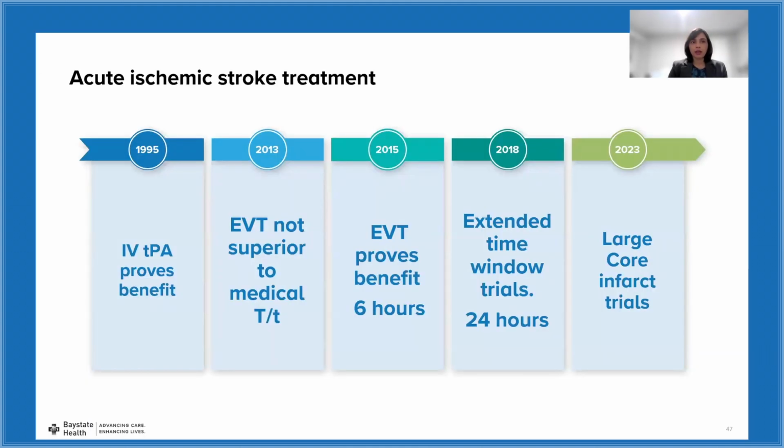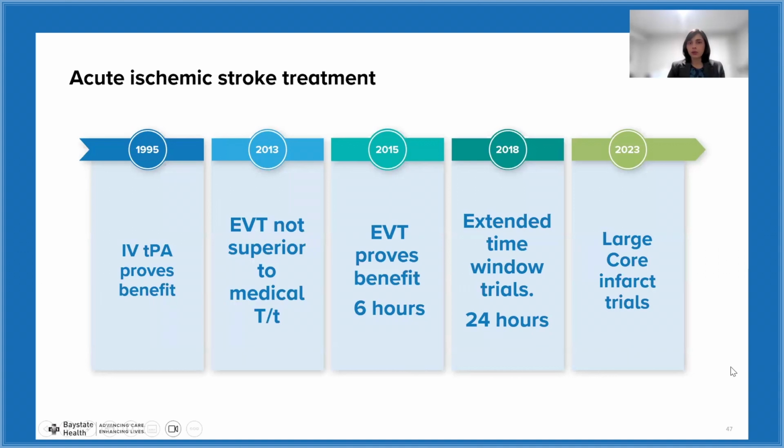So just to recap, we started at 1995, where IV tPA was proven to be beneficial. 2013, endovascular therapy was still not superior to medical treatment. 2014 is when we had the first few trials where we could offer treatment to patients presenting within 6 hours.